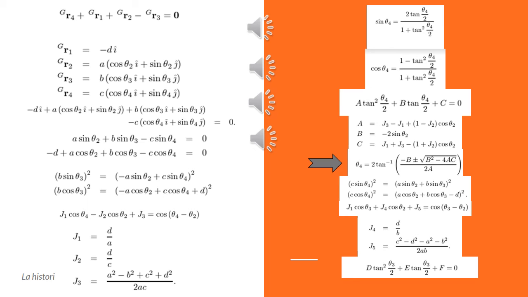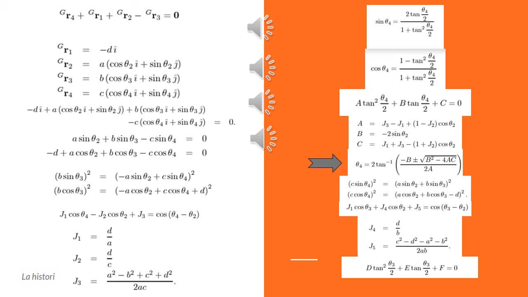Transferring the terms not containing angle 3 to the other side of the equations, and squaring both sides, we get the following equations: B sin angle 3 is the same as minus A sin angle 2 plus C sin angle 4.